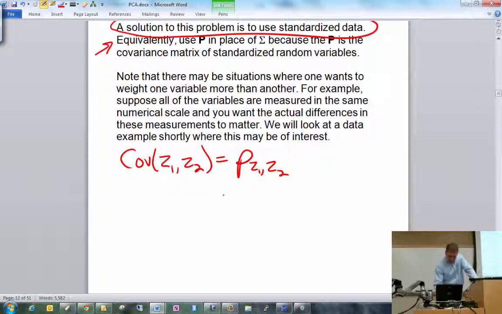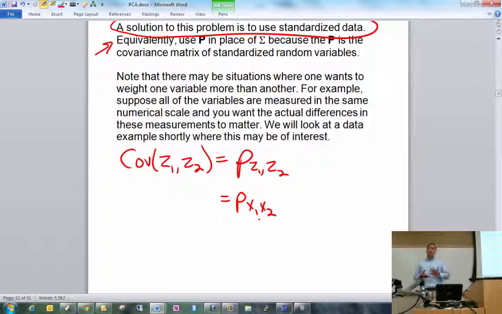Well, also, one can show, and this was actually discussed in the data distributions and correlation section, that the correlation of the corresponding unstandardized variables is equivalent to the correlation of the standardized variables.